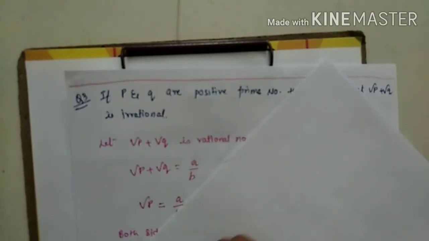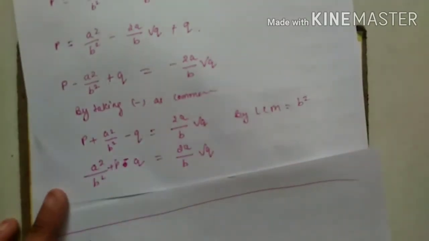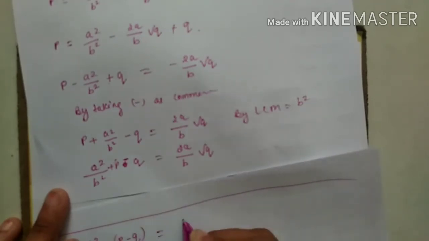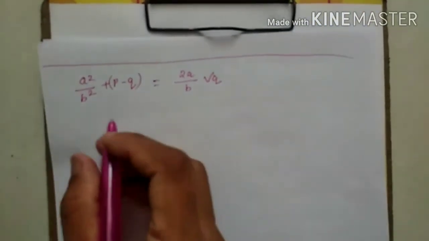After this, I am writing again this equation so you can understand more. What I have converted, I have written like this: a square upon b square plus p minus q, I can write this together, equals to 2a upon b root q. Correct? This is the way I have done. Now just see here, the solution should be like this.